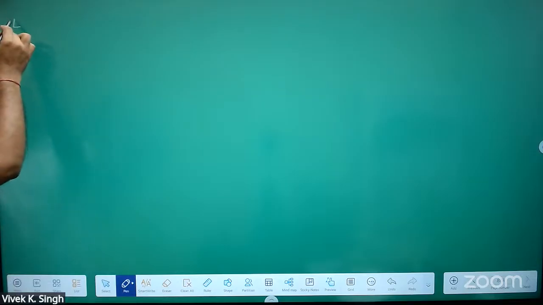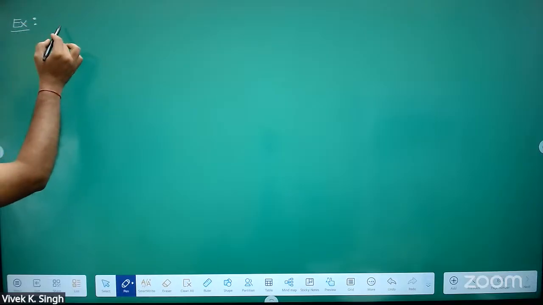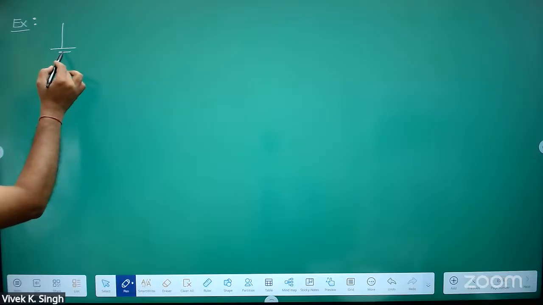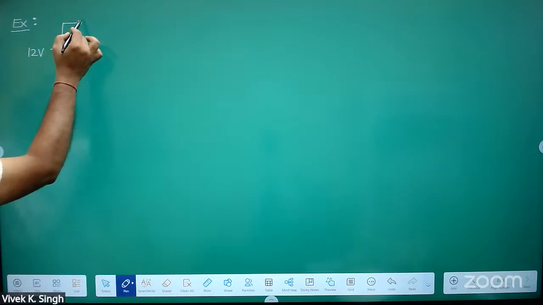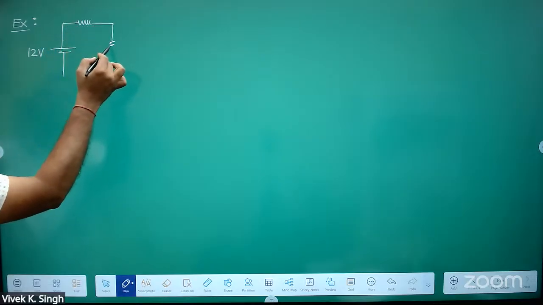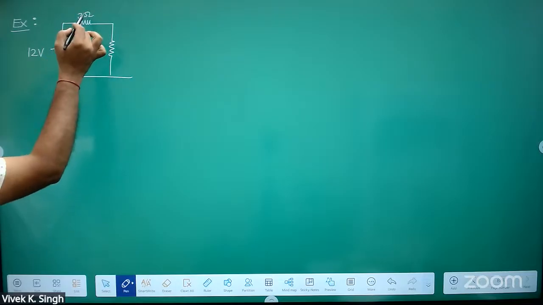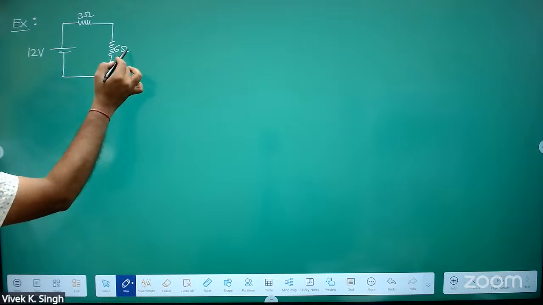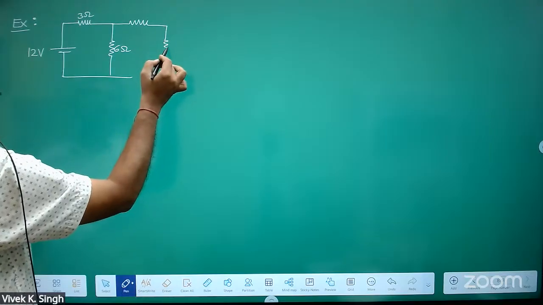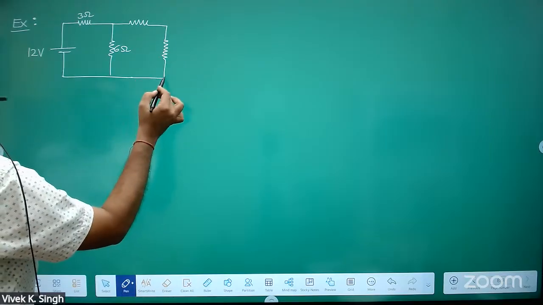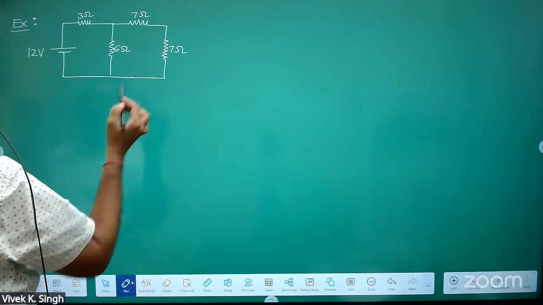Now take a two loop network. This is 12 volt. This is 3 ohm, 6 ohm, 7 ohm, and this is also a 7 ohm.